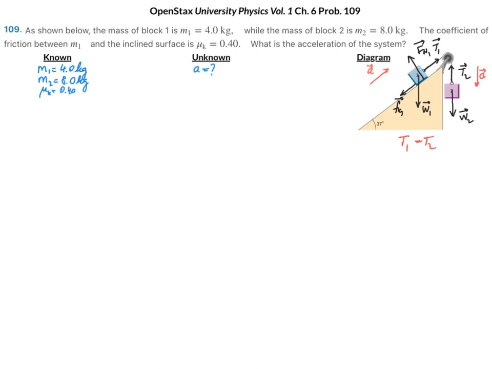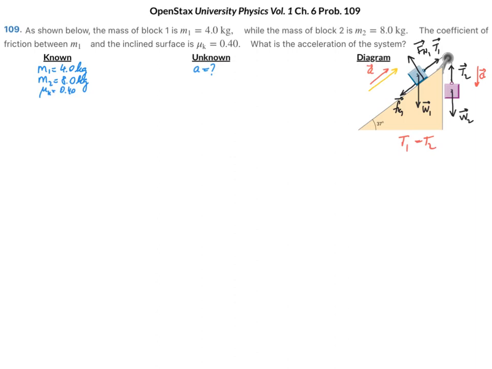We also know that since the string doesn't stretch, the acceleration of the two blocks is the same. So we know that we have the same acceleration for this block as we do for that block. Now we also have to pick directions. And it is convenient to pick the positive x direction to be in the direction of motion.